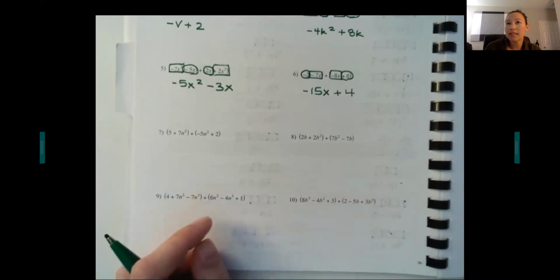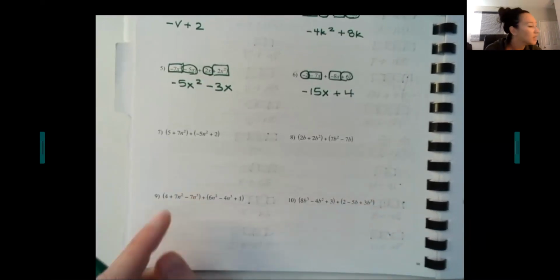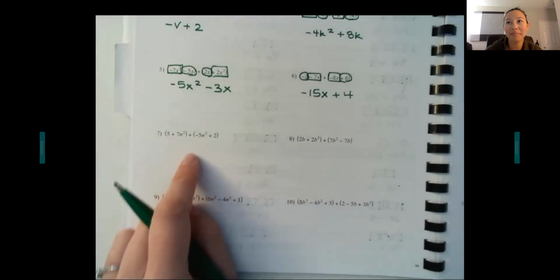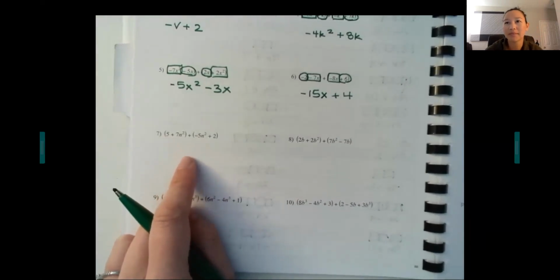All right, let's see. So Jaden, hopefully, did you have number 7? Yes, I did. Okay, good. So first I boxed the 5 and the 2. Then I circled the 7n and the negative 5n.